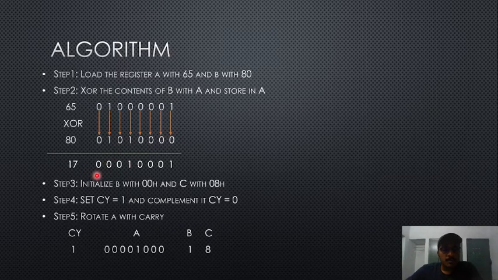So we just need to count the positions which are dissimilar. This can be done by counting the number of ones in the output of the XOR operation.